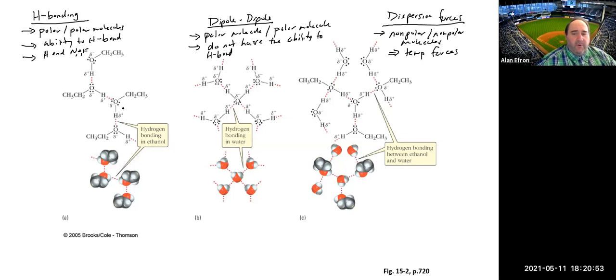In terms of strength, as I alluded to, over here would be the strongest and over here would be the weakest in terms of the strength of that bond. What would that affect? It would affect the boiling points and melting points.